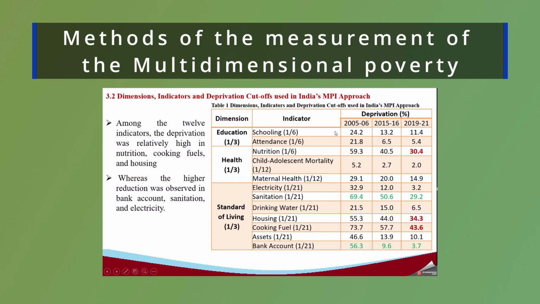Among these 12 indicators, the deprivation was relatively high in nutrition, housing and cooking fuel, whereas the higher reduction was observed in case of sanitation and bank account as well as electricity.